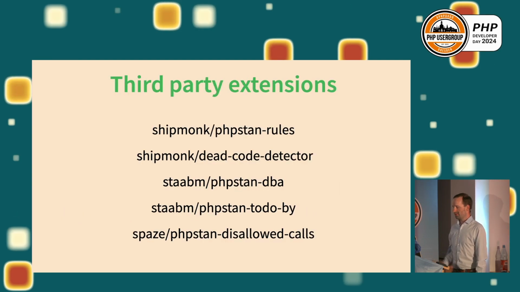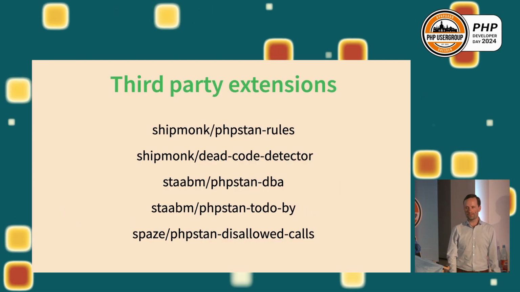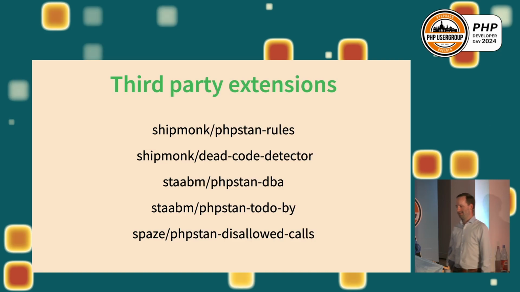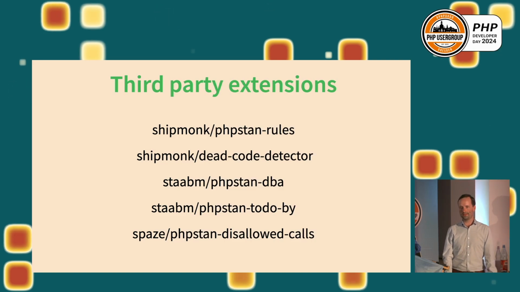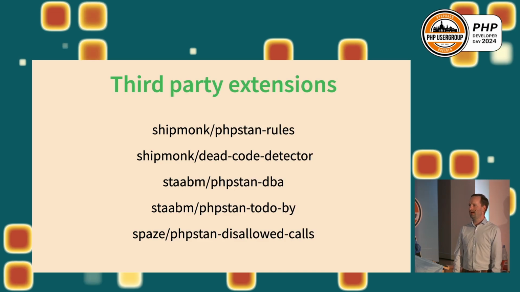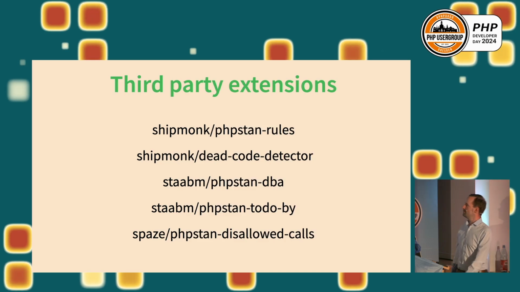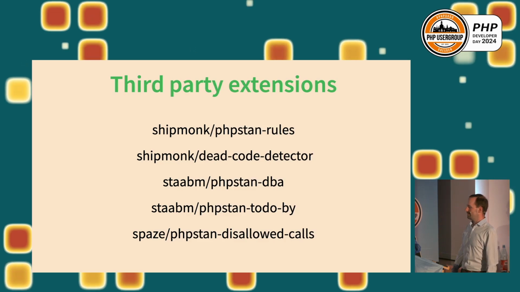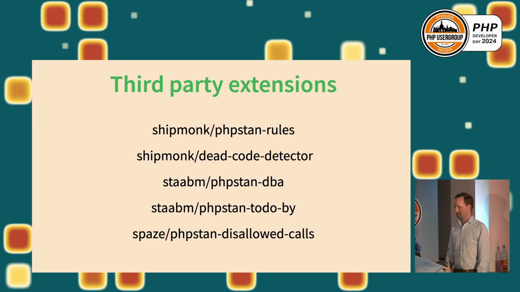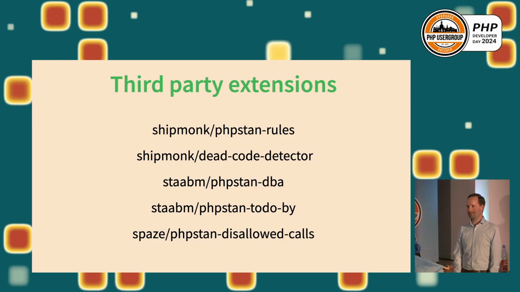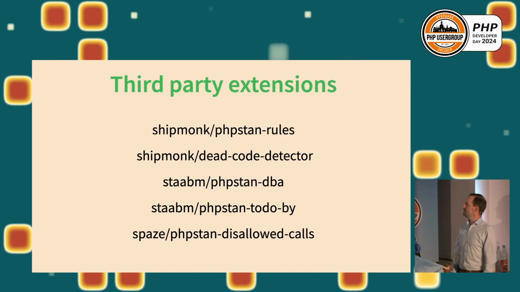And I also want to recommend you look at third-party rules, because it's possible that your idea was already implemented. At this point, PHPStan extensions are a thriving ecosystem. There are many, many more than I'm showing you on this slide. But I recommend you look at packages and look at these extensions.